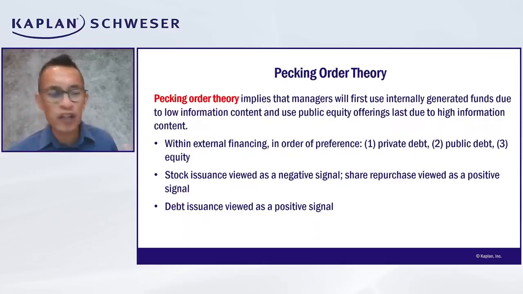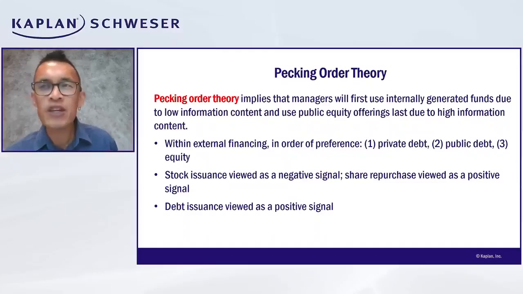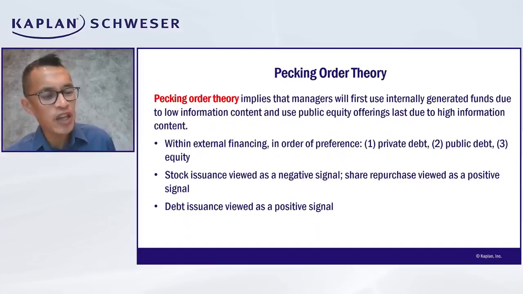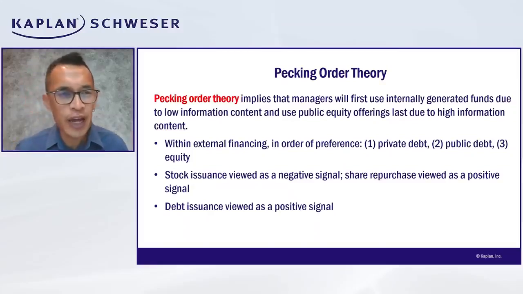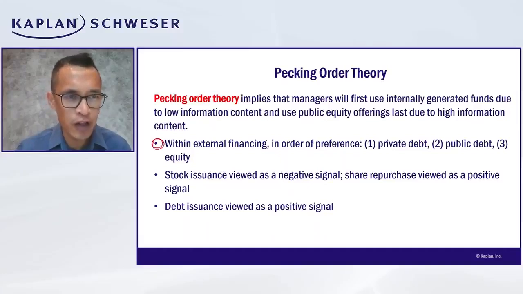So because of that, managers prefer internal financing, and only if external financing is absolutely needed, then in that case, they prefer private debt to public debt and prefer equity issuances least of all. Okay, and that's indicated here on this first bullet point.